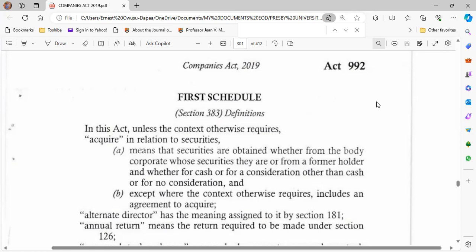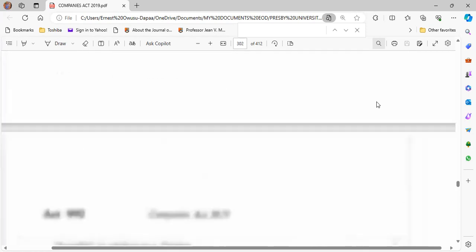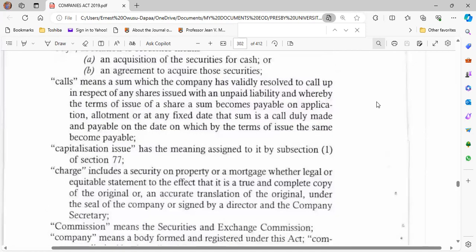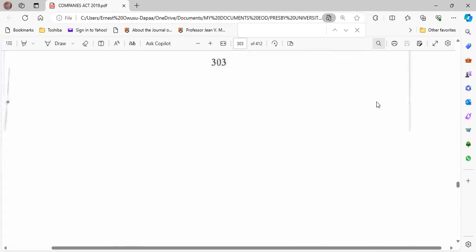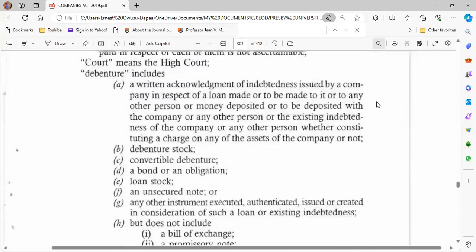So now, the word of interest in this legislation is debentures. The words are arranged just like a dictionary in alphabetical order. D, so you move quickly to the D column to try and locate what it says.